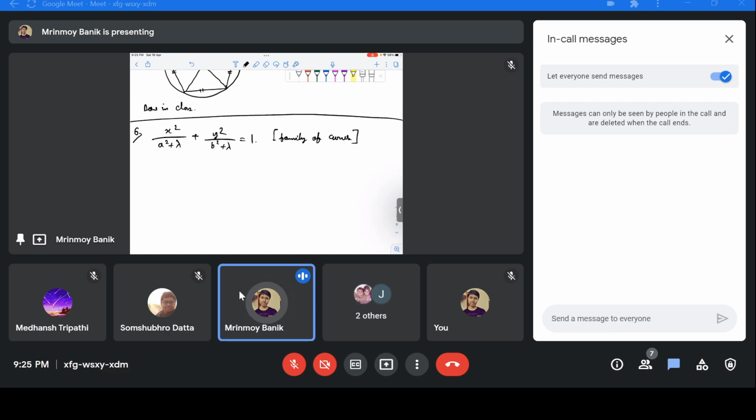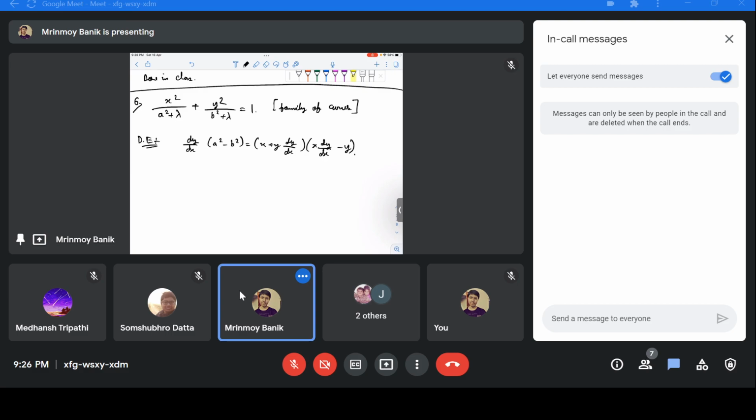Oh, so we are also given the differential equation. The differential equation is y dashed squared, a squared minus b squared, x plus y. So we need to prove this equation fits this differential equation.